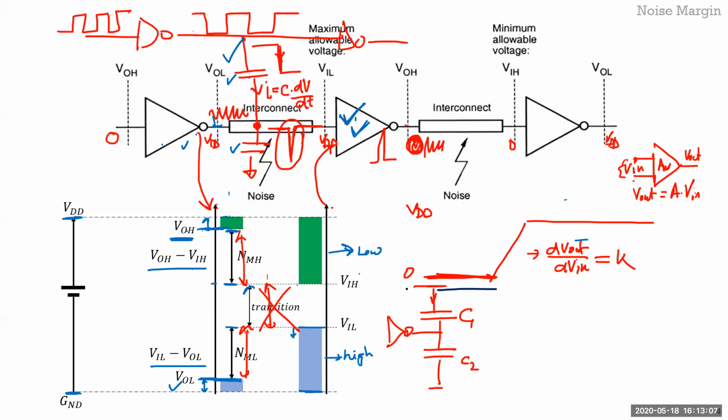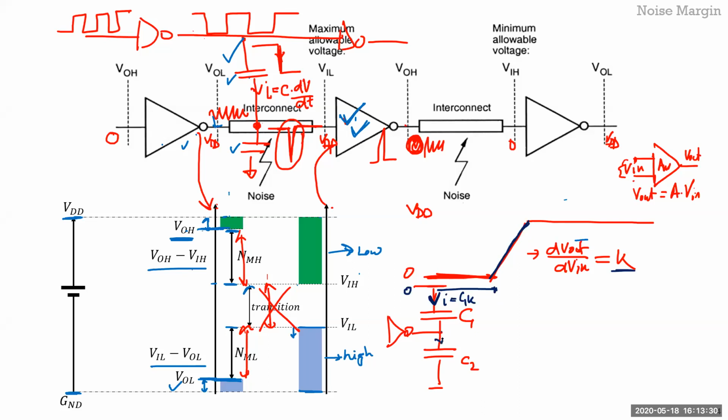So let's say this is the blue one. Blue one is current, right? Now this slope is some K. So C times dV out by dt will be this slope here, right? So the current I is equal to C1 times K, and K is a constant ramp, right? You got it, right? Yes, sir.